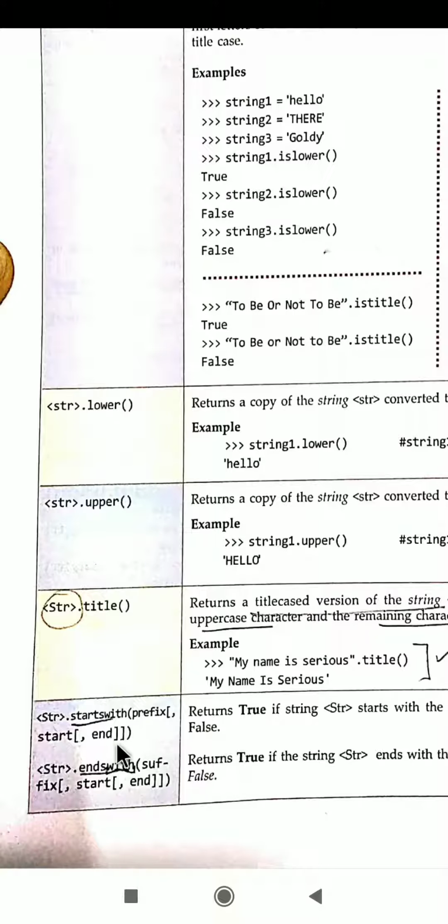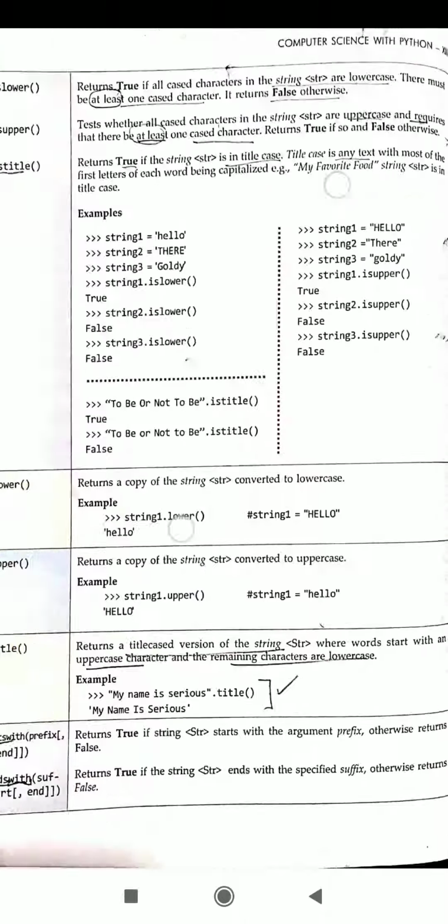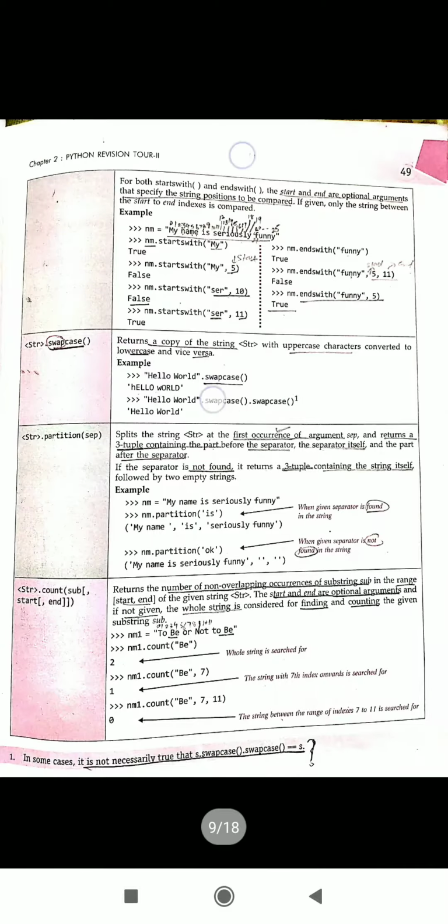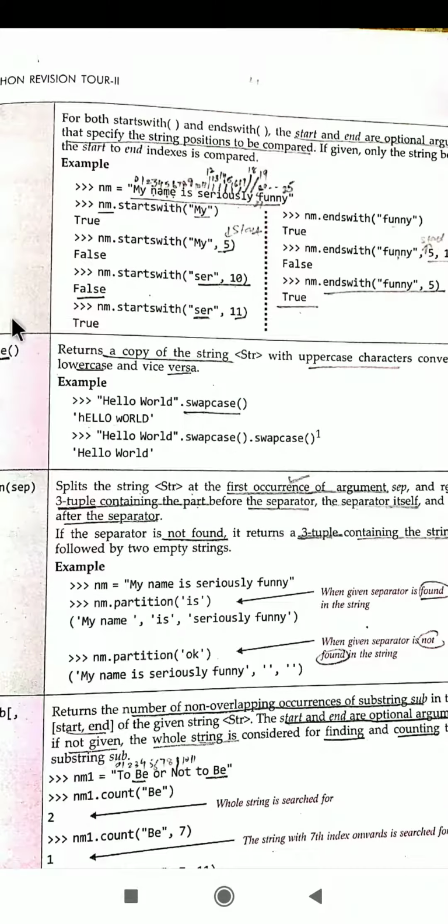If you define them, it will check within that range, otherwise it will take the start and end by default. So here nm startswith my: the substring my will be checked within this nm string. My is present, it starts with my, so it will return true.